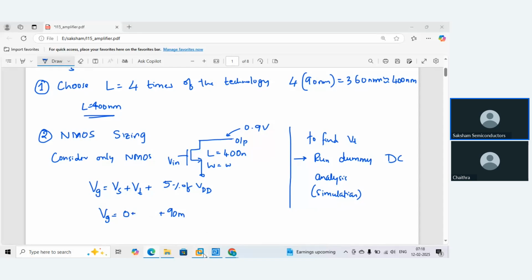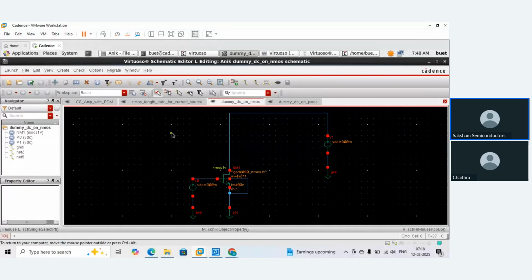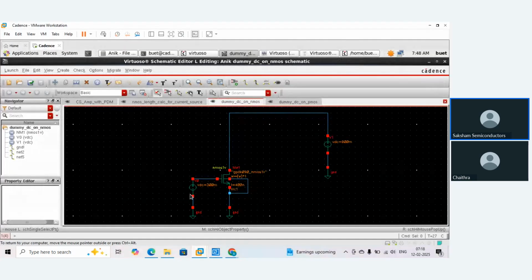So now I have a couple of things ready with me already. This is basically my NMOS, which I just drew over here. I have an input where I am applying a certain constant. Before that, I need to do the dummy DC analysis, right?